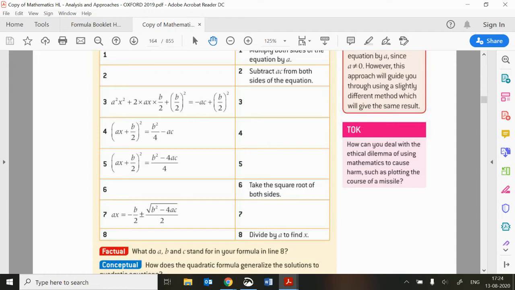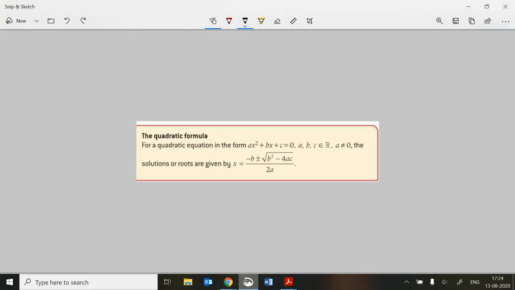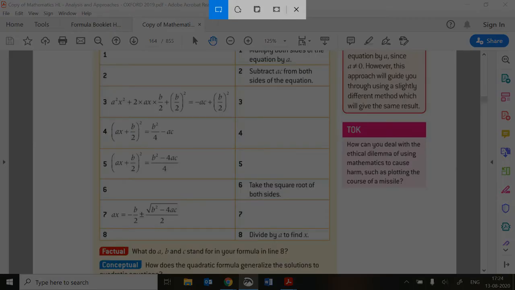Now, if you're not feeling quite up to that at the moment, then listen to the next little bit, because I'm just going to do this for a simpler version. A simpler version of a quadratic would be x squared plus bx plus c is equal to zero. Same conditions, b and c are real numbers, but here we just have a is equal to 1.